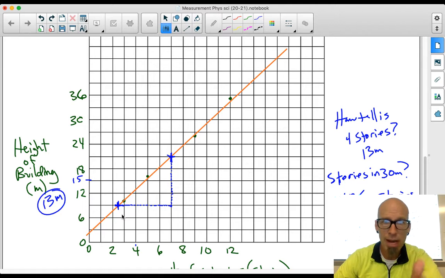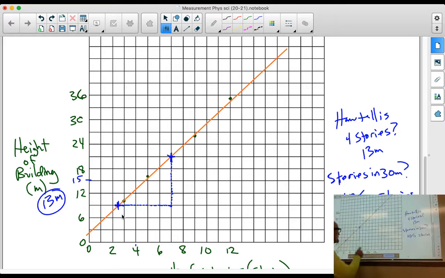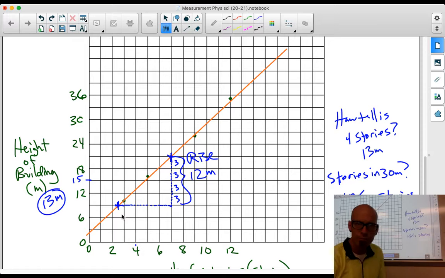On the rise, the height of the building, I went by 3s. So it's not just 4 boxes. It's 3, another 3, another 3, another 3. So my whole rise is what? 12 meters. So my rise is 12 meters, okay?